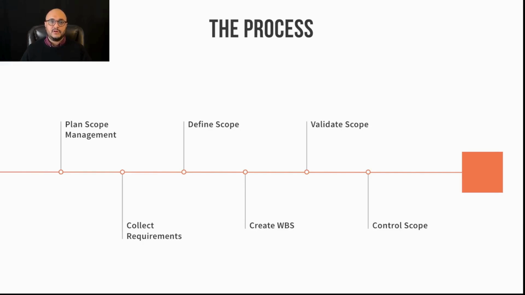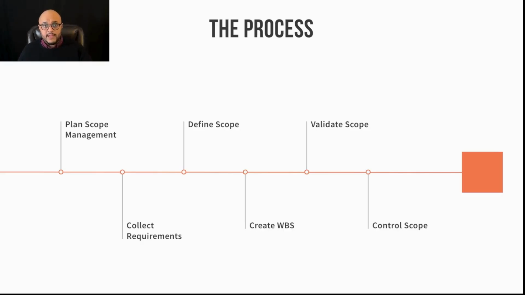Are we going to talk to, let's say, the portfolio manager or the program manager to understand more? How are we going to manage changes to that scope? How are we going to make sure we are on track with the scope of the project, that we are delivering what is within the scope of the project? This is all part of that planning stage. It's not what we're going to do, it's how we're going to do it.